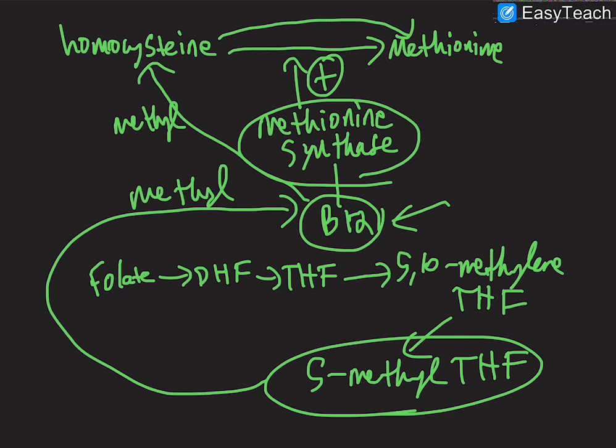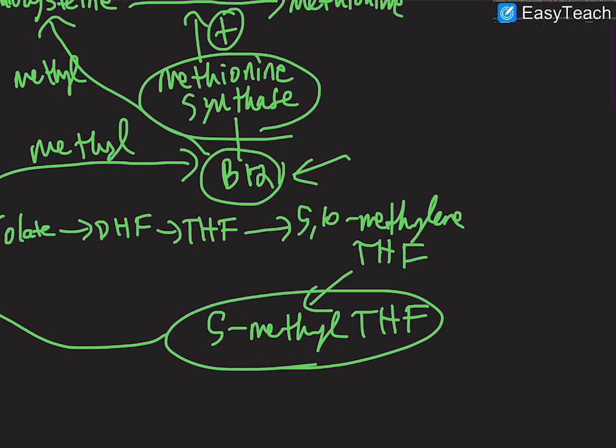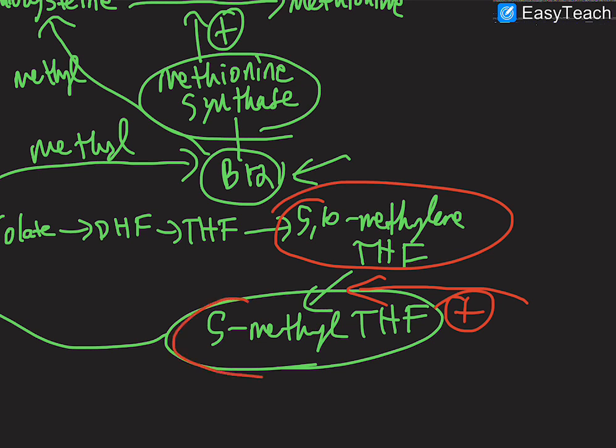Methylene tetrahydrofolate reductase is involved in this step right here, where you get the formation of 5-methyl tetrahydrofolate. So let's write that in, right? So methylene tetrahydrofolate reductase is needed for this reaction to happen, to go from 5,10 methylene tetrahydrofolate to 5-methyl tetrahydrofolate.